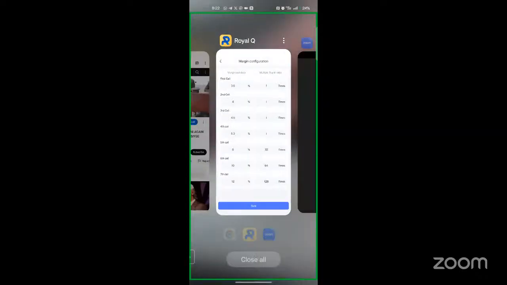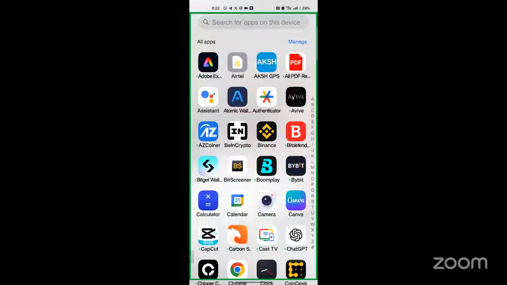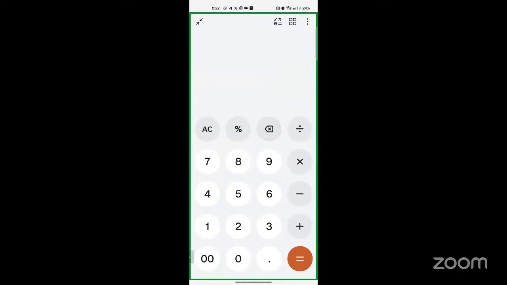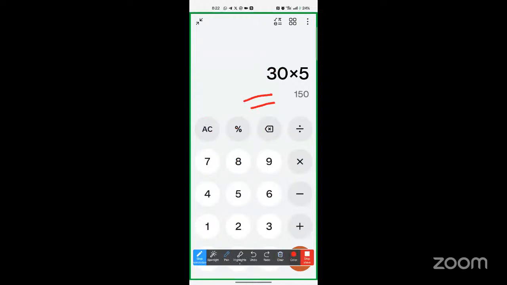Now, let's go to a calculator. 30. If my first buying is 5, how much is this? 150.